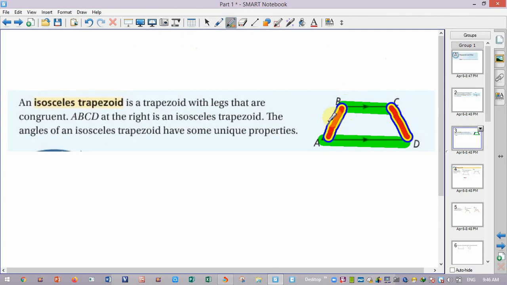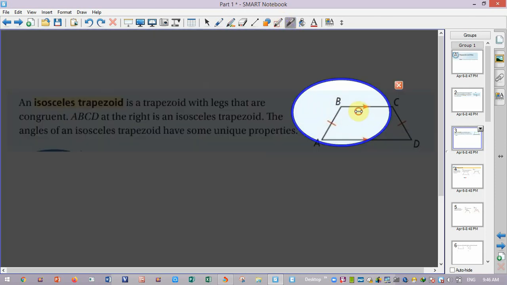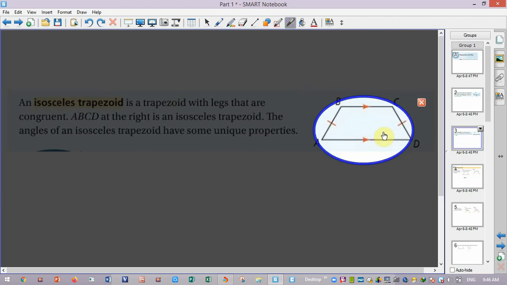But if these legs are equal, congruent, this trapezoid is called an isosceles trapezoid. The isosceles trapezoid is a trapezoid with two parallel sides, and the other non-parallel sides are congruent.